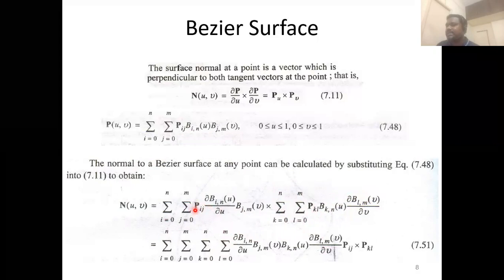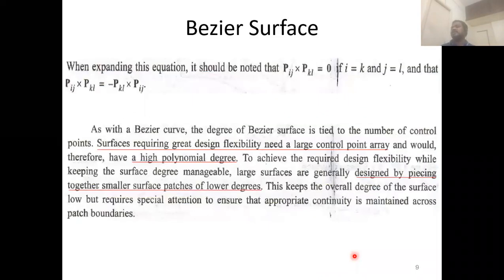So Pij cross Pkl. This is the actual cross product. You will be getting this expression right as such. Actual cross product has to be done. Pij cross Pkl will be the expression for the normal vector, because depending on the normal vector, the shape changes. That is why we are discussing the normal vector here.